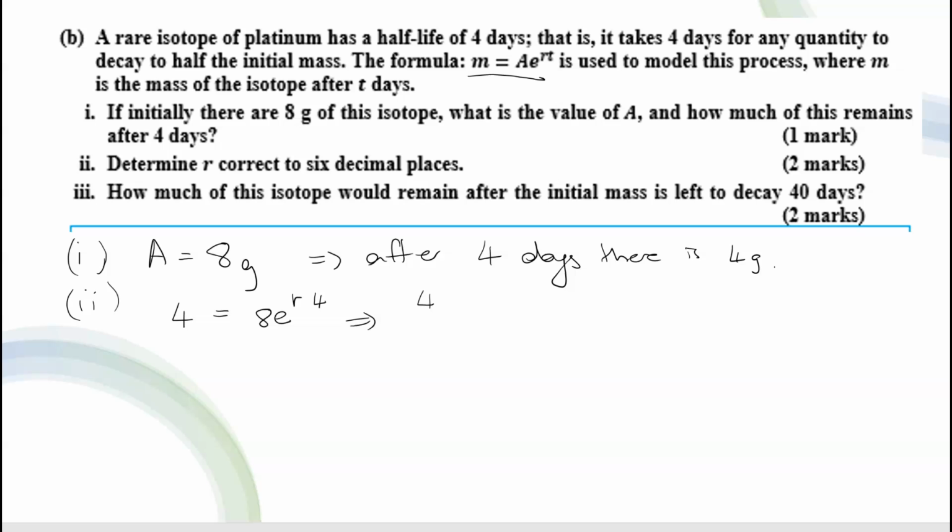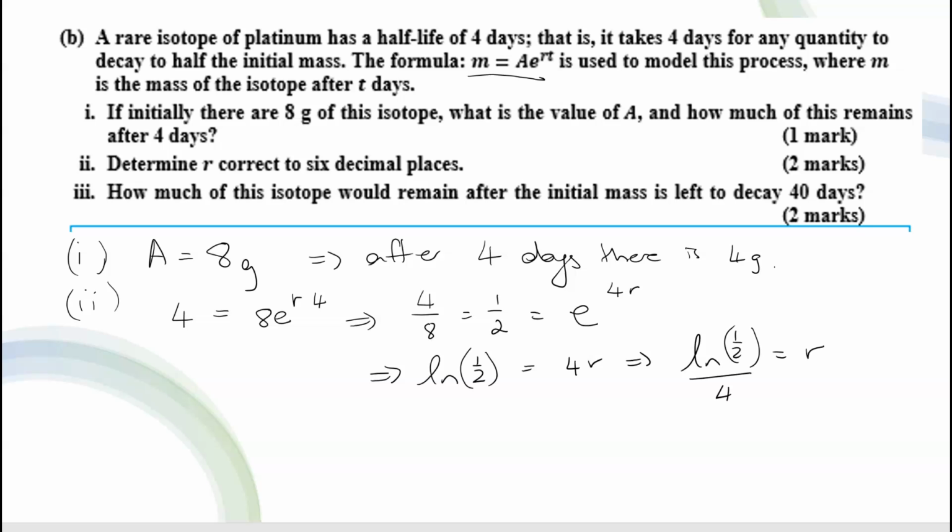Rearranging that, we get 4 over 8, which is a half, is equal to e to the power of 4r. So we could undo that by saying natural log of a half equals 4r, and then natural log of a half divided by 4 equals r.